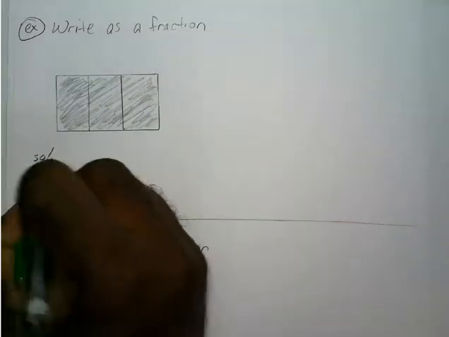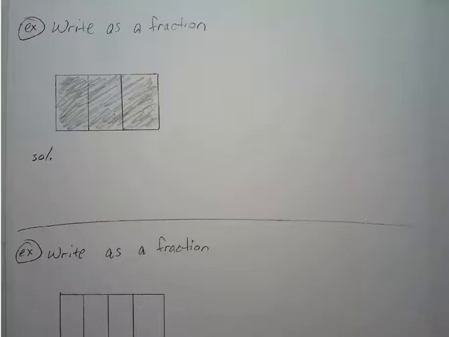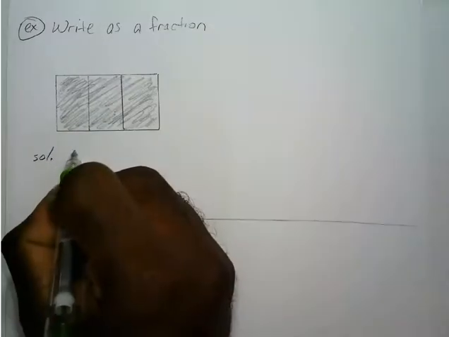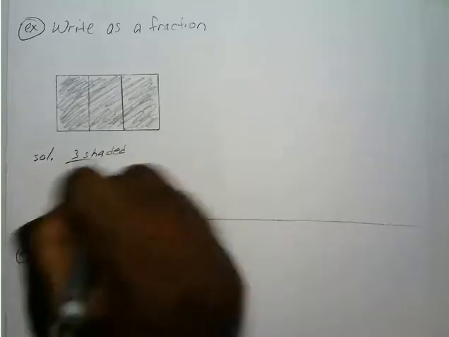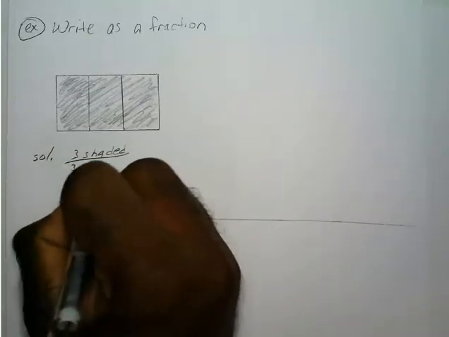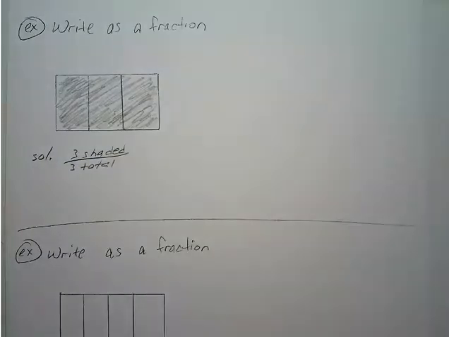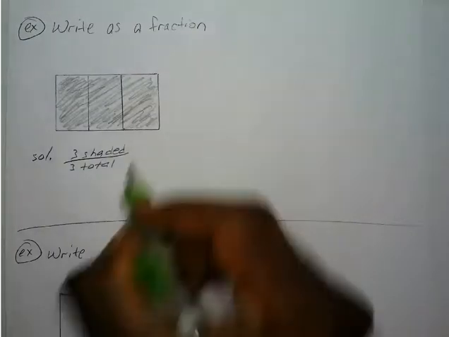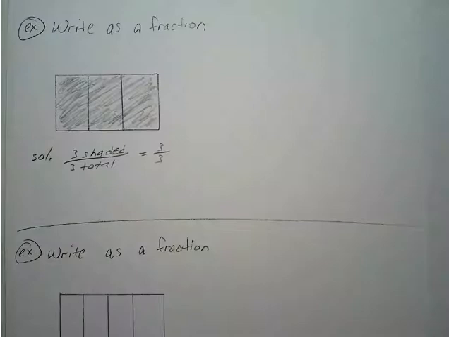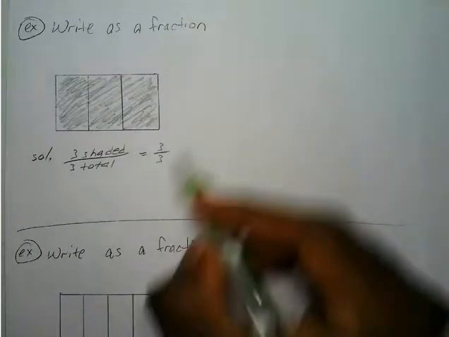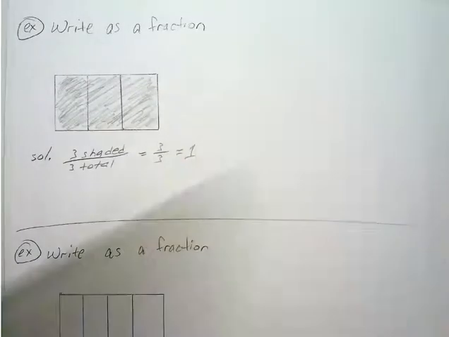All right, so we'll go ahead and solve that one if you haven't solved it already. You have 3 shaded over 3 total sections. That means you have 3 over 3, which is equal to 1.